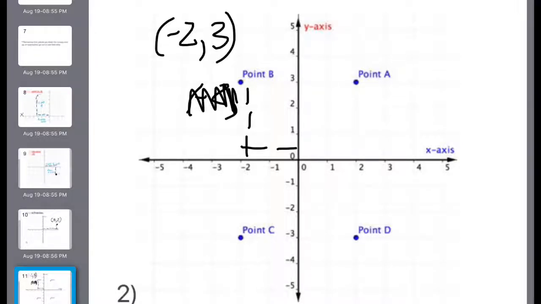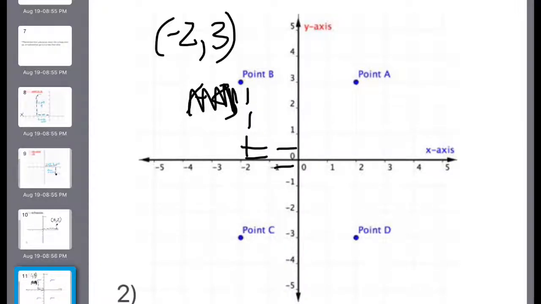Pause the video and try point C on your desk. Write the ordered pair for point C. Point C is also to the left on our number line, which means it's -x. We go to the left 2.